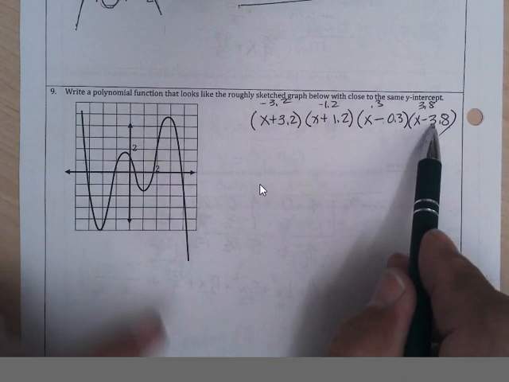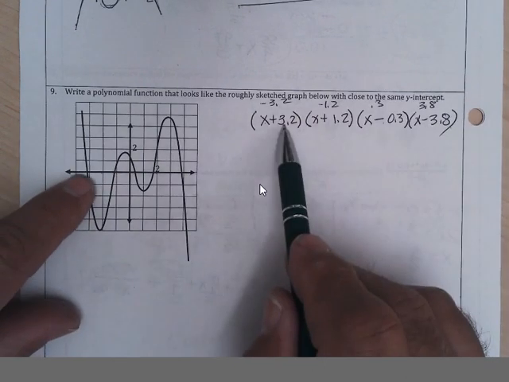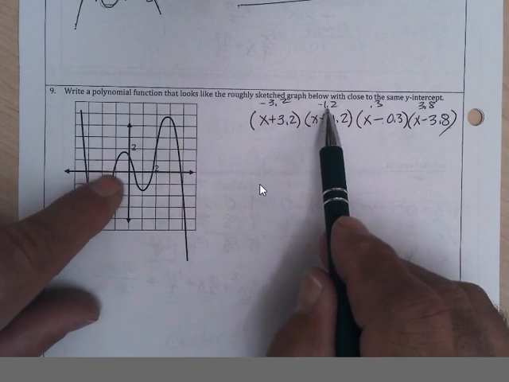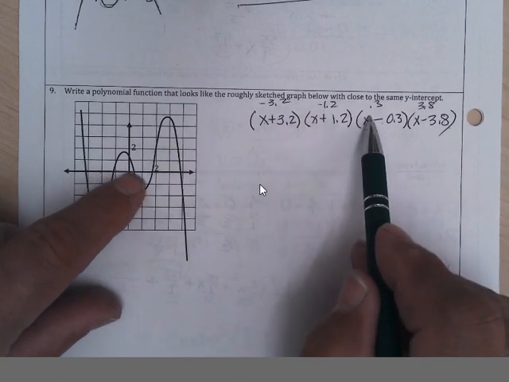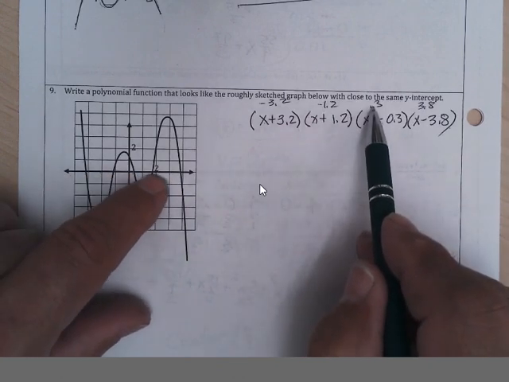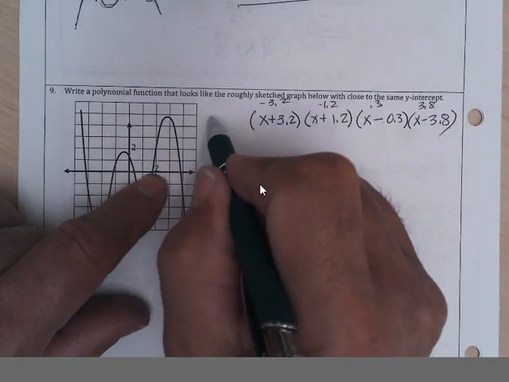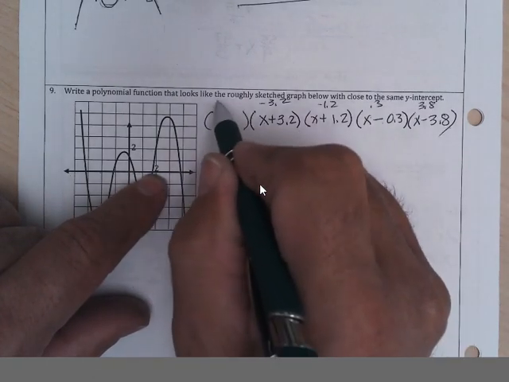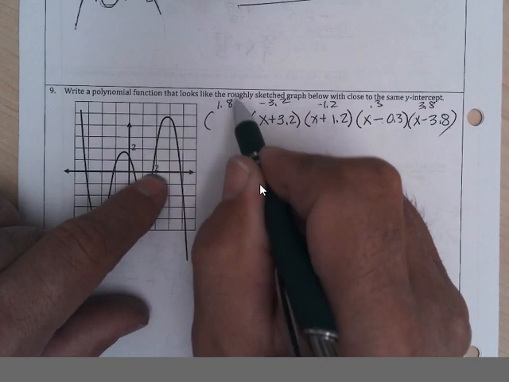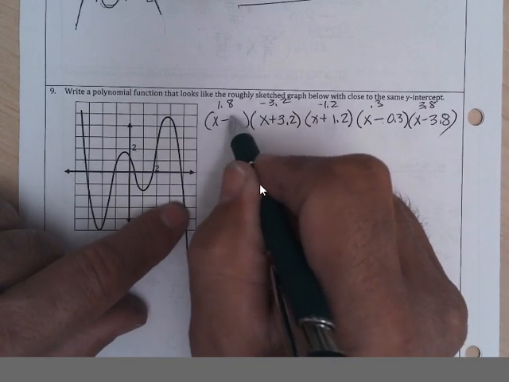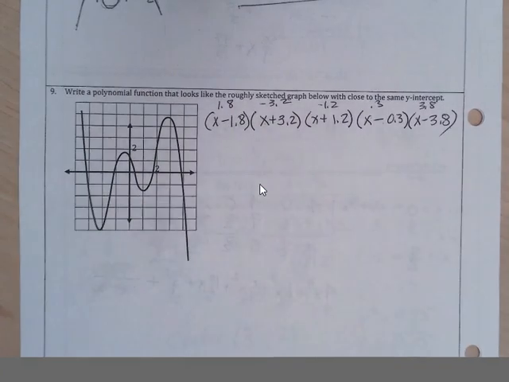I'm missing one. What did I forget? 3.2 negative, 1.2, 0.3. Oh, I missed this one, 1.8. So I got one more factor here at 1.8, which would be x minus 1.8.